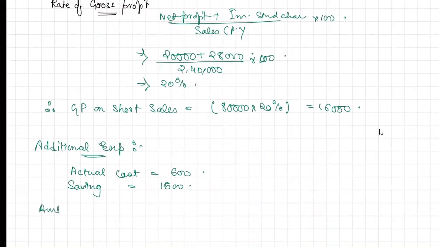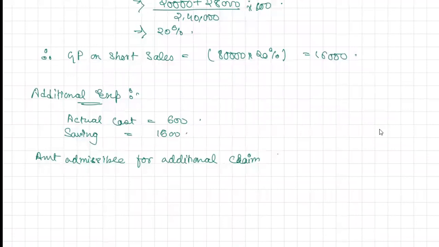Amount admissible for additional claim will be, see, net profit plus insured standing charges.